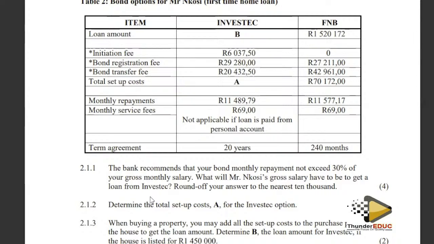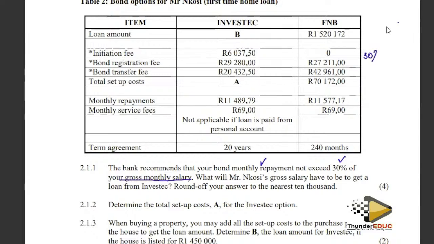Remember, they have said if you need to take a loan, your monthly repayment should not exceed 30% of your monthly gross salary. So what are you going to do? You will say 30%, because you don't know the gross salary.